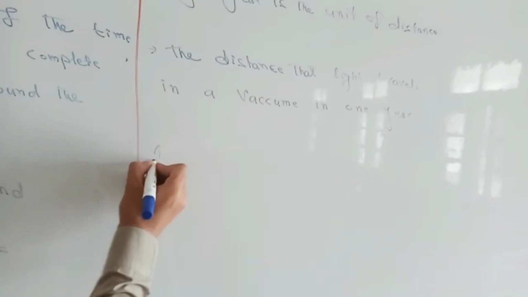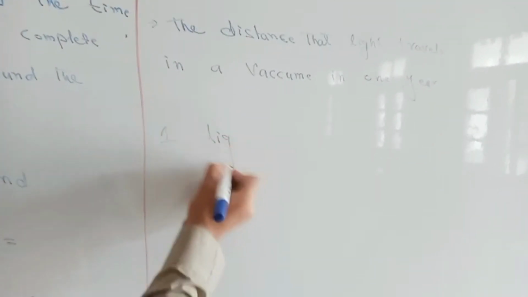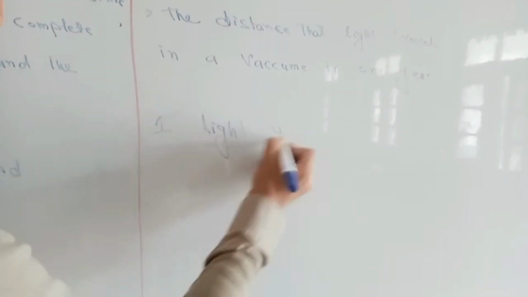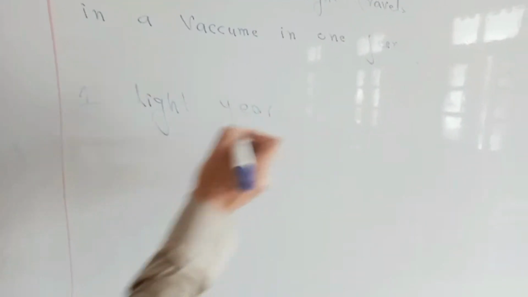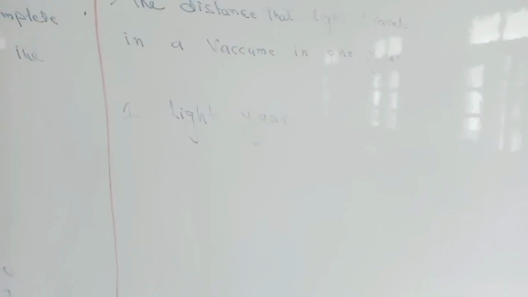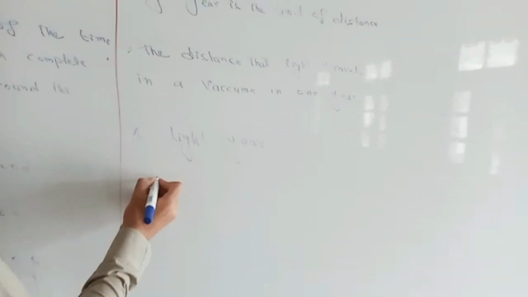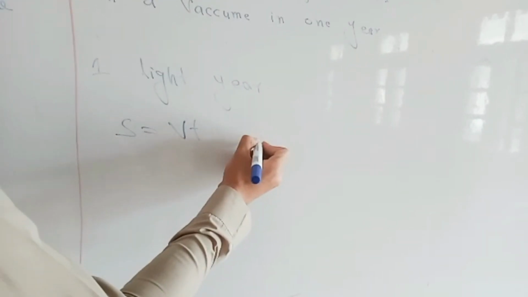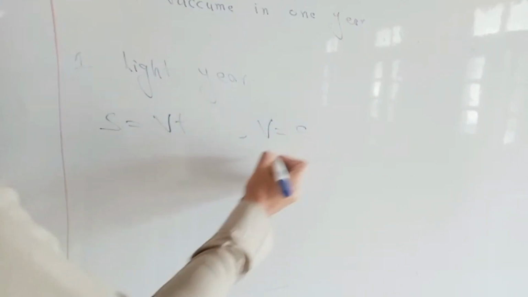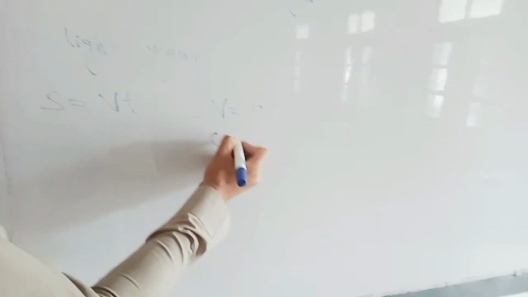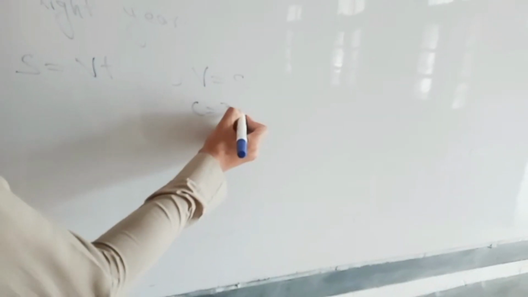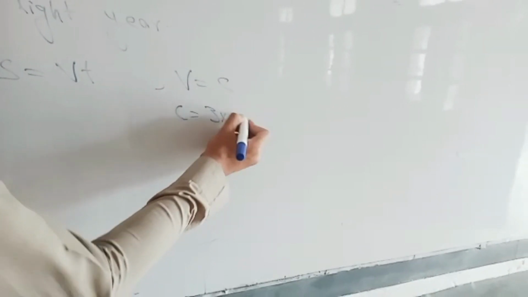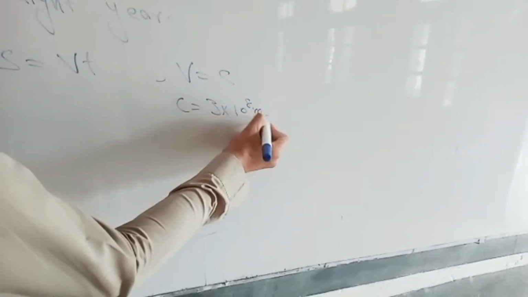Now the light year. One light year is the distance. We know that S is equal to Vt, where V is equal to C. C is the velocity of light and the value of C is 3 into 10 to the power 8 meter per second.